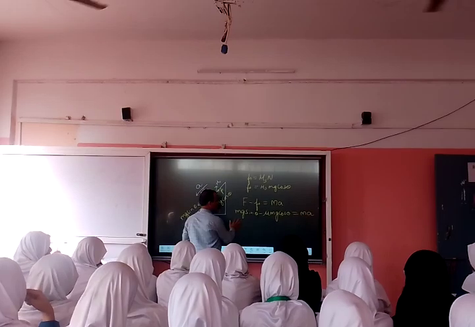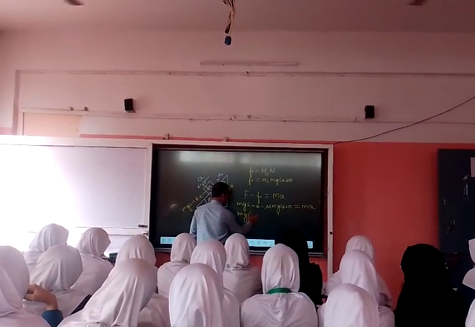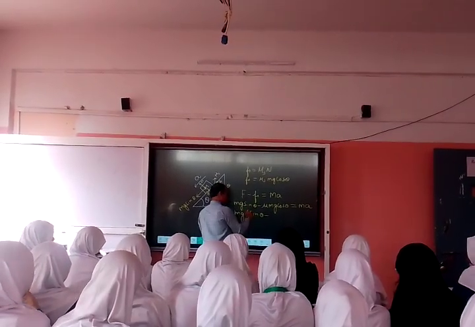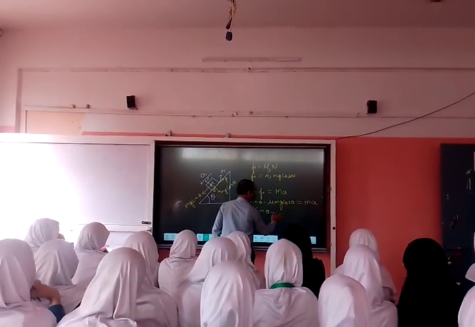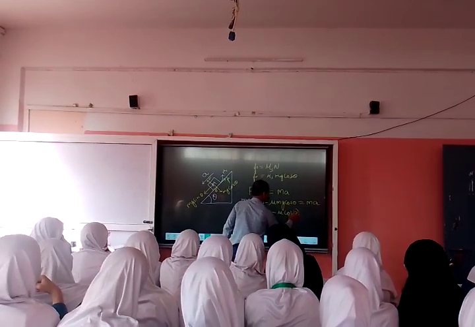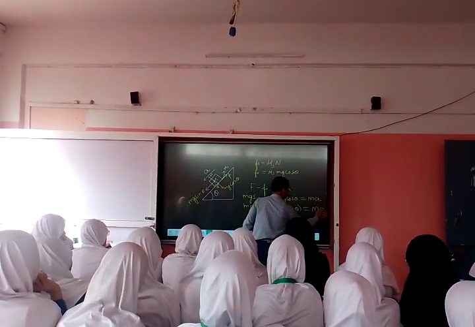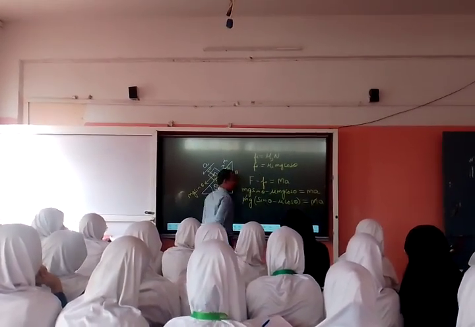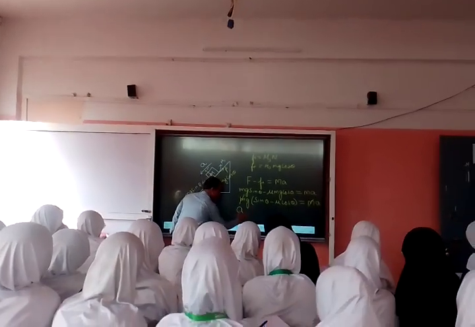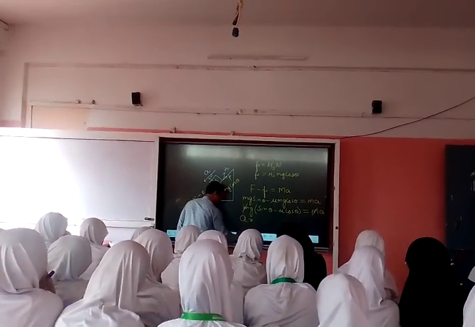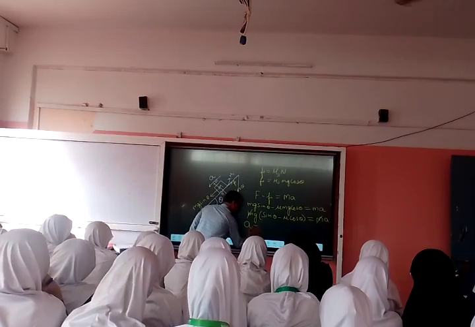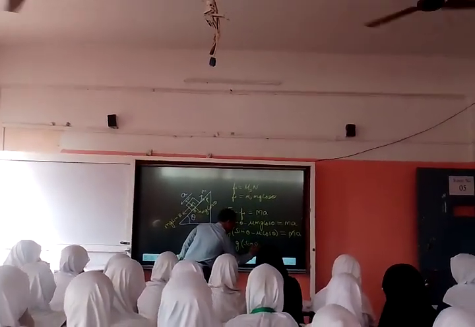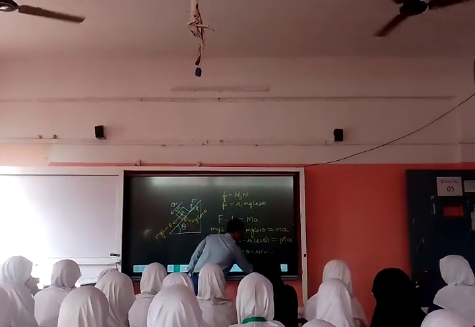If I take mg common, what remains is sin theta minus mu cos theta, equal to ma. Can I cancel this m? That means the acceleration of the body, if friction is present, is equal to g into bracket sin theta minus mu cos theta.